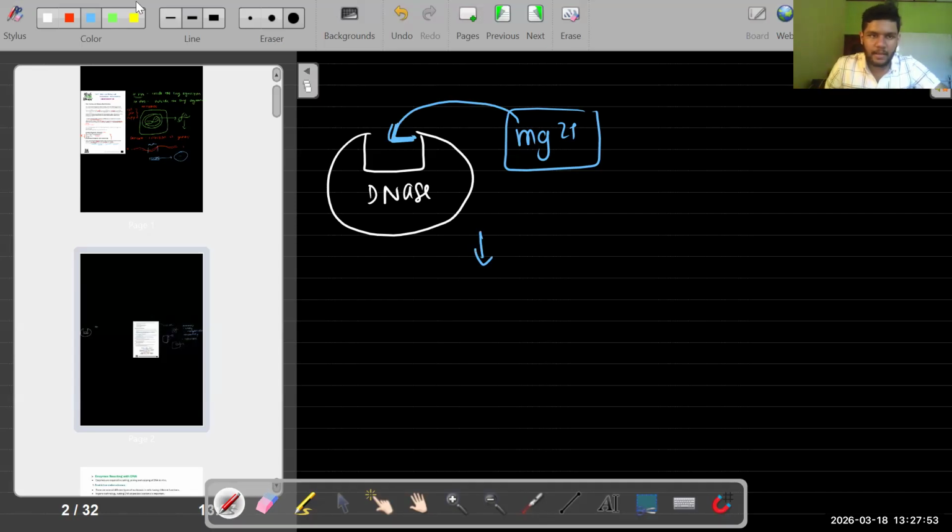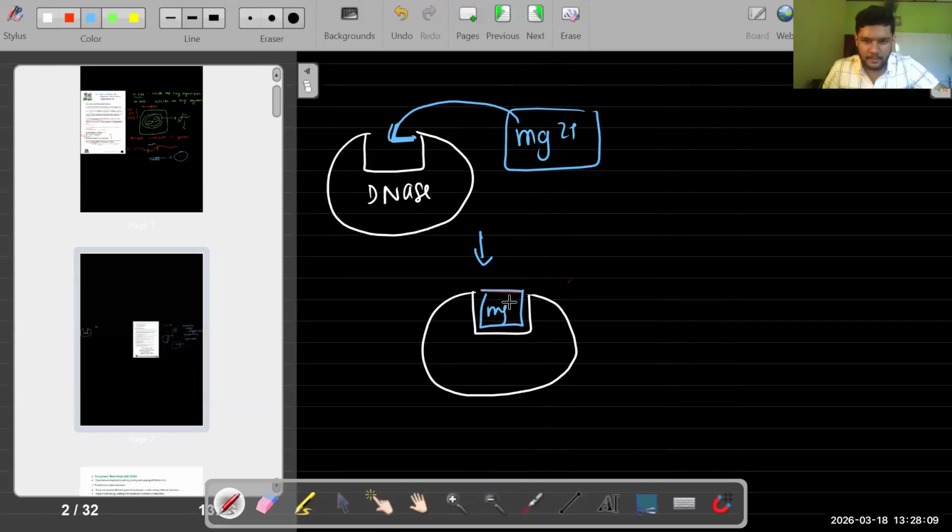Now see, it will be looking like this. Magnesium, right? Now tell me the complete complex. What is the charge of the complete complex? DNA had an initial charge of 0, and magnesium had a plus 2.